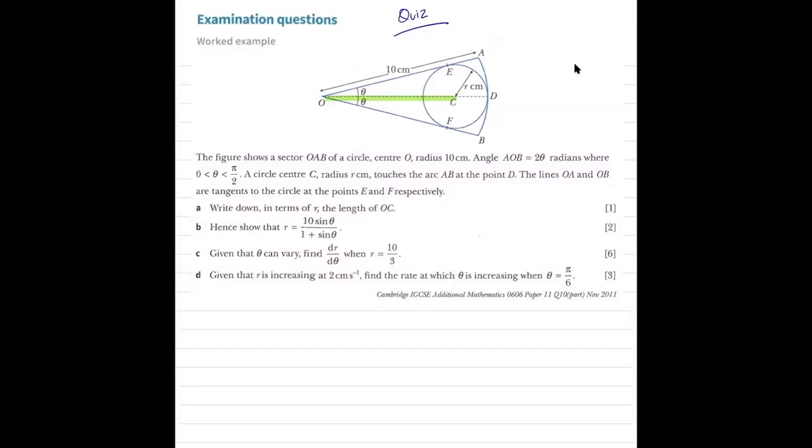So if I have OA or OD or OB, the length is going to remain the same because it represents the radius. Now, if I know that OD is also 10 centimeter and CD is small r centimeter, then OC in terms of r is just 10 minus r.